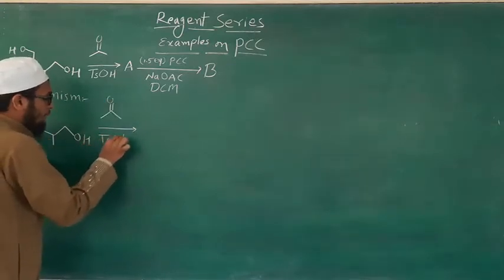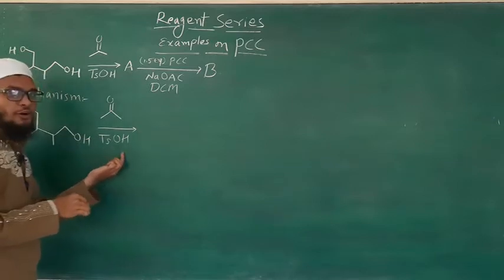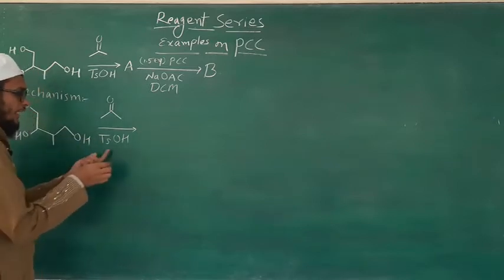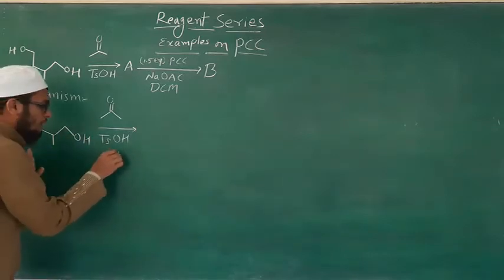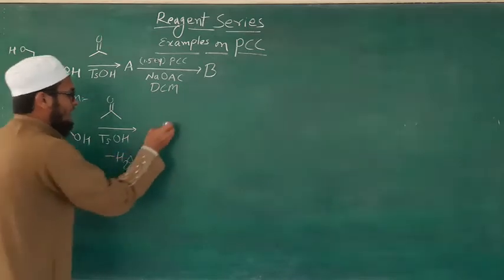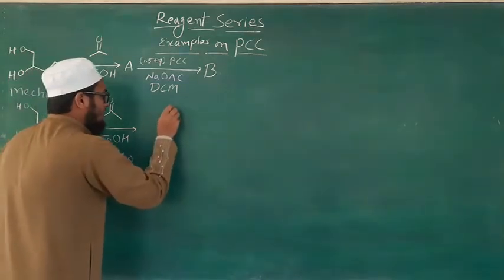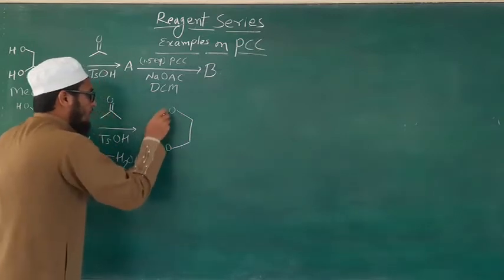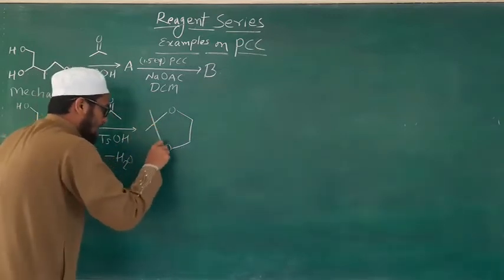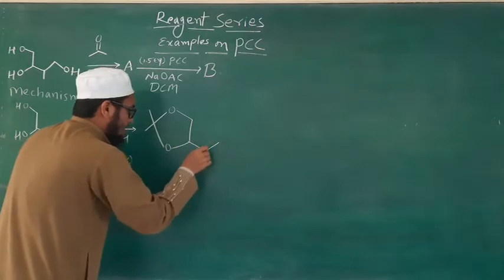We have para-toluene sulfonic acid. Okay, we have this with us. So what will happen in this reaction? The removal of a water molecule will take place, and we will get this structure.